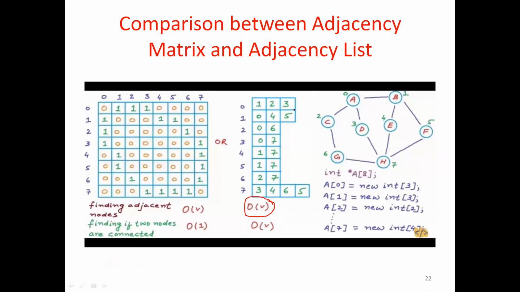For example, when you look at this node, I have to keep on checking the elements in the linked list, whether it is connected or not, whether it is there or not. So I should keep on going until the last vertex, right? That's why it is order of V. And finding if two nodes are connected also requires the same order of V. Okay, this is the time complexity of the adjacency matrix and the adjacency list.